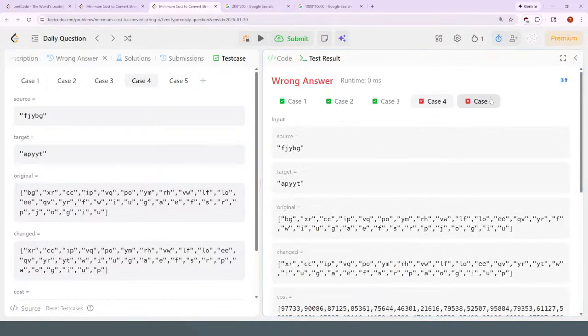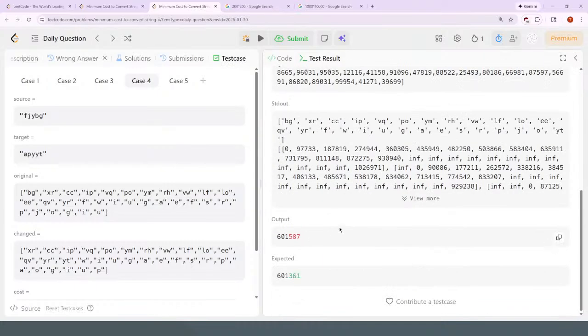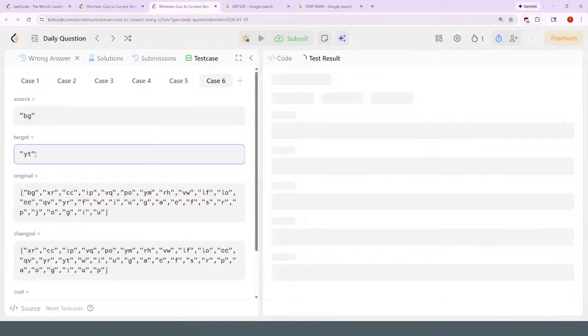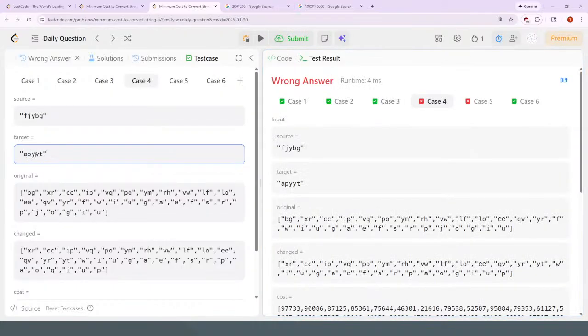Okay, the second question is, is it doing the last two correctly? BG to YT. So it's doing the BG to YT correctly, so it's the first three that are incorrect.